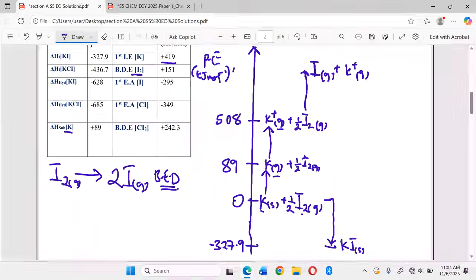Yet originally, what was given to us is 1 mole, which means in this case we are going to take a half of the value they have given us, a half of 151. When you divide that, what do you get? You get around 75 point something there. You can use your calculator. So when you add this to 508, you'll be able to get the value to put here, which will be 583.